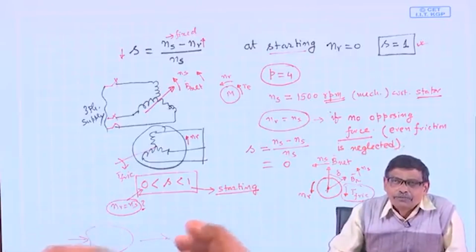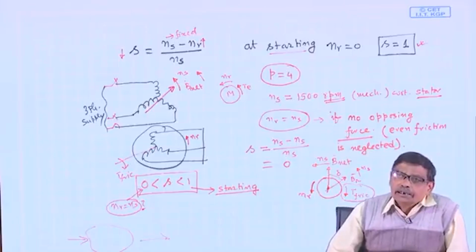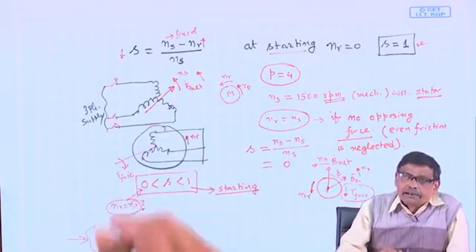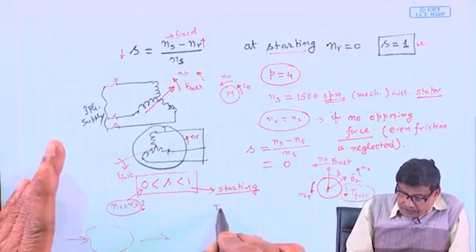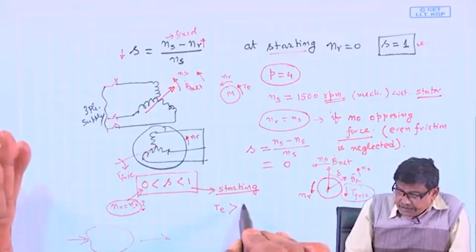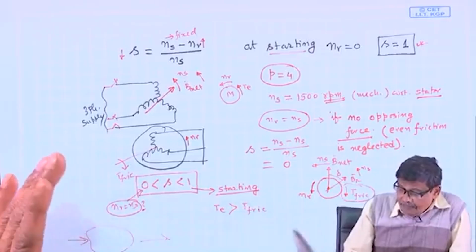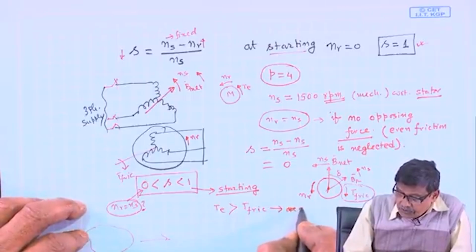I mean the rotor starts moving, otherwise what? So, we assume that friction is so small, enough starting torque is developed and it will accelerate. And so long as this electromagnetic torque is greater than T friction, acceleration continues, Nr goes on increasing.